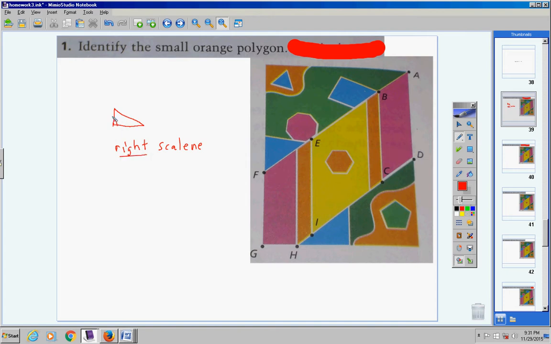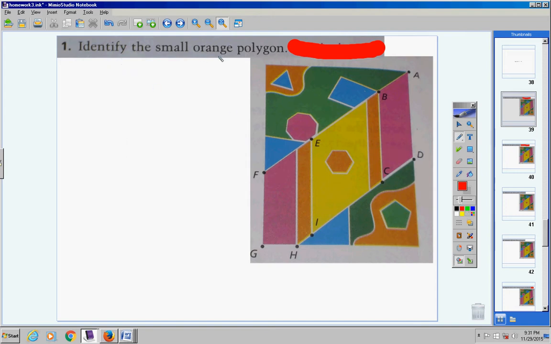Based on the sides, none of the sides are congruent, so we call that a scalene triangle. So you can call that a right scalene triangle, or you could call it a scalene right triangle. I'm not really picky about which word comes first. Okay, alright, here we go.